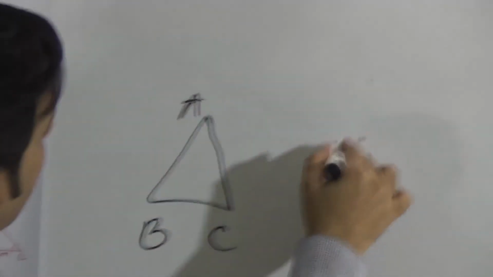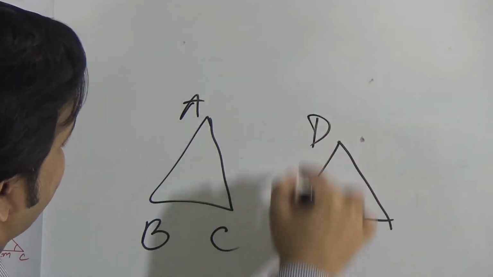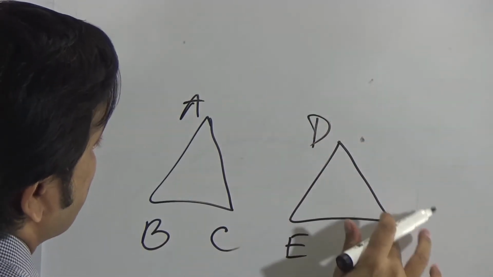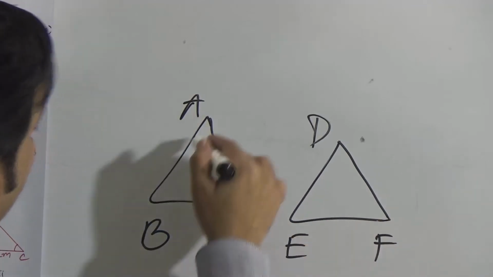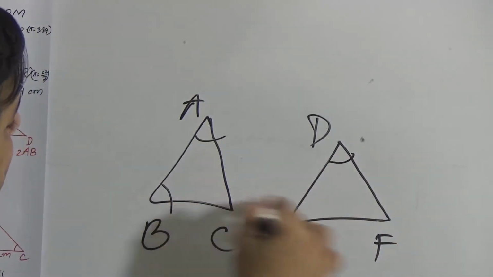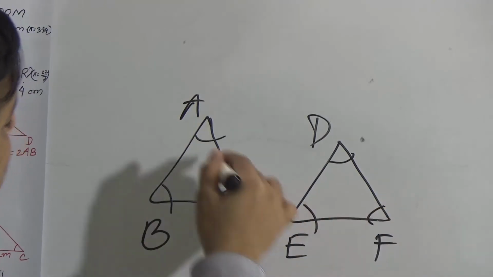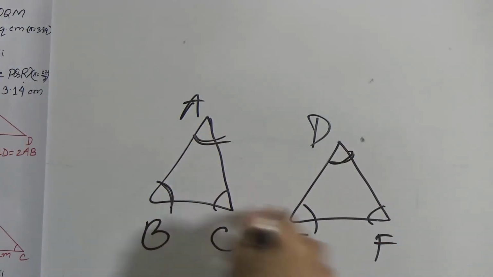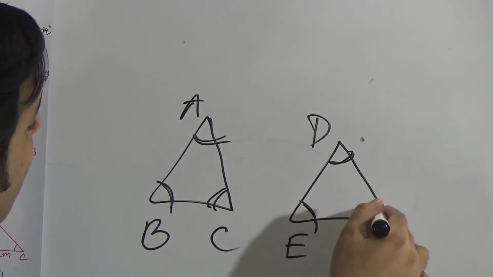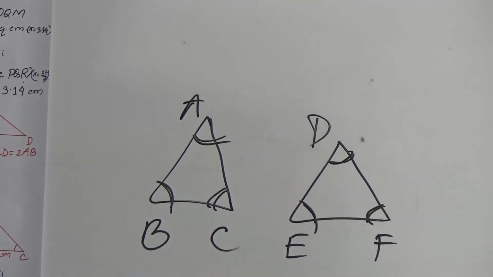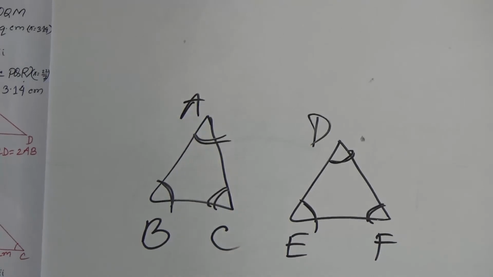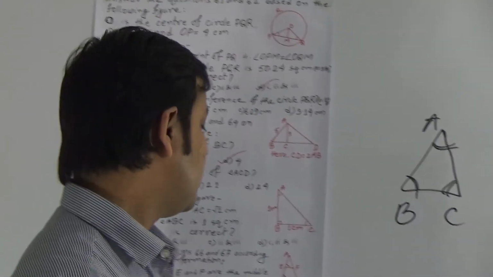Suppose I am writing two triangles here, ABC and another one DEF. Now see, if angle A equals D, angle B equals E, and angle C equals F, then these two triangles are known as similar. If these two triangles are similar, their similar sides must be proportional.